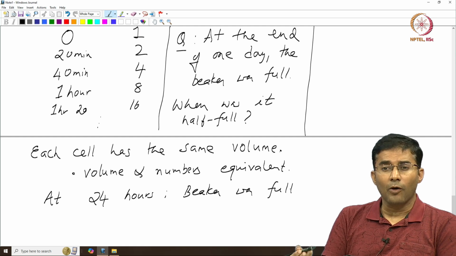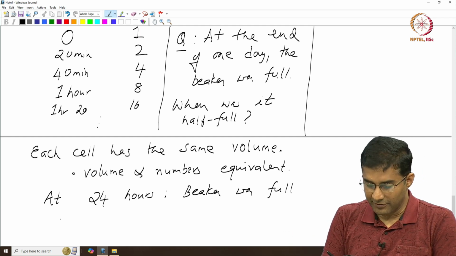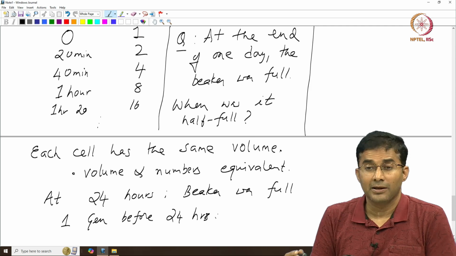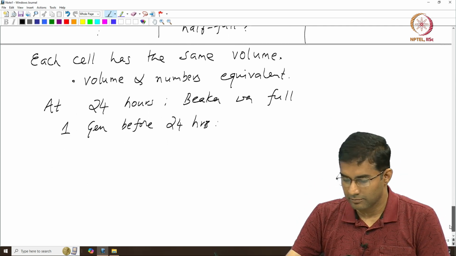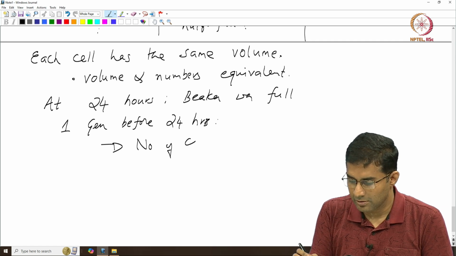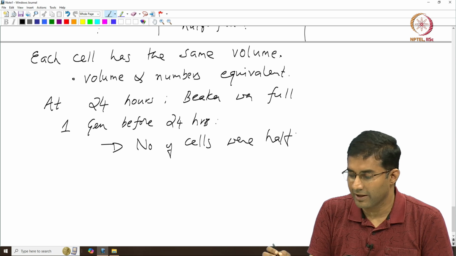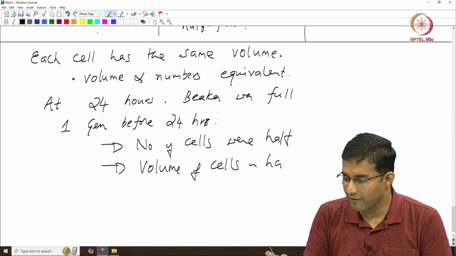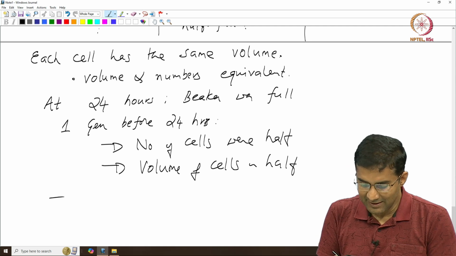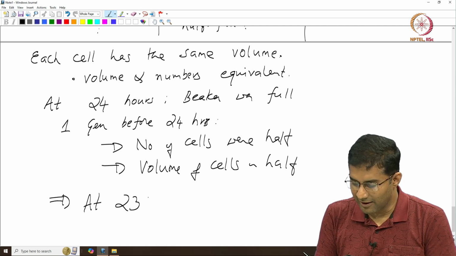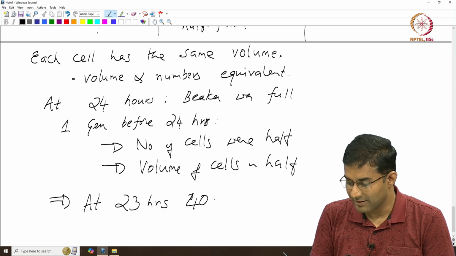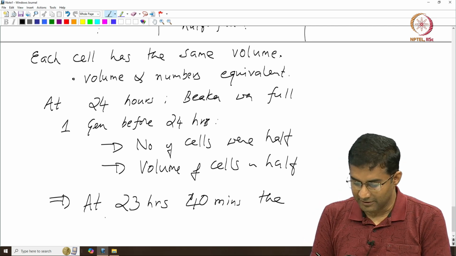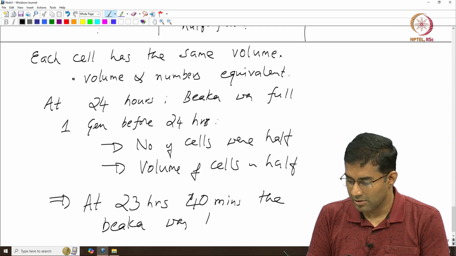One generation before this, the number of cells was half the current number, therefore the volume of cells must also have been half, which basically means that at 23 hours 40 minutes, when the previous generation ended, it only takes 20 minutes for one generation, the beaker was half full.